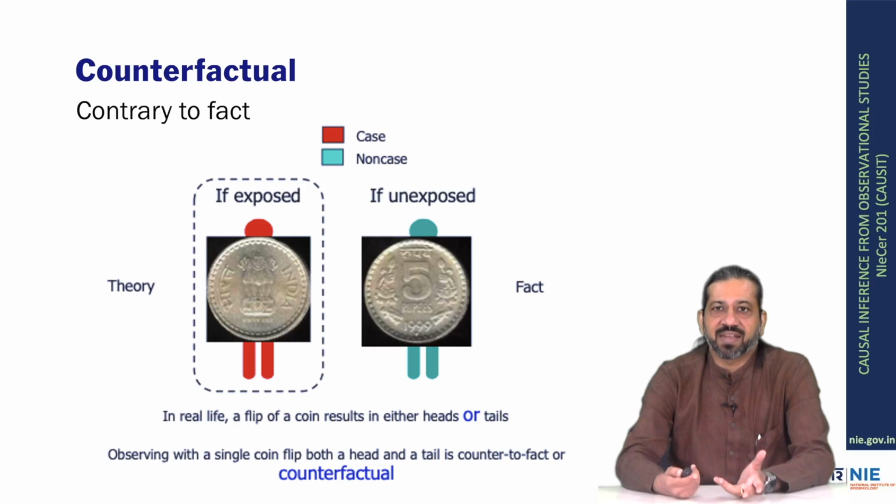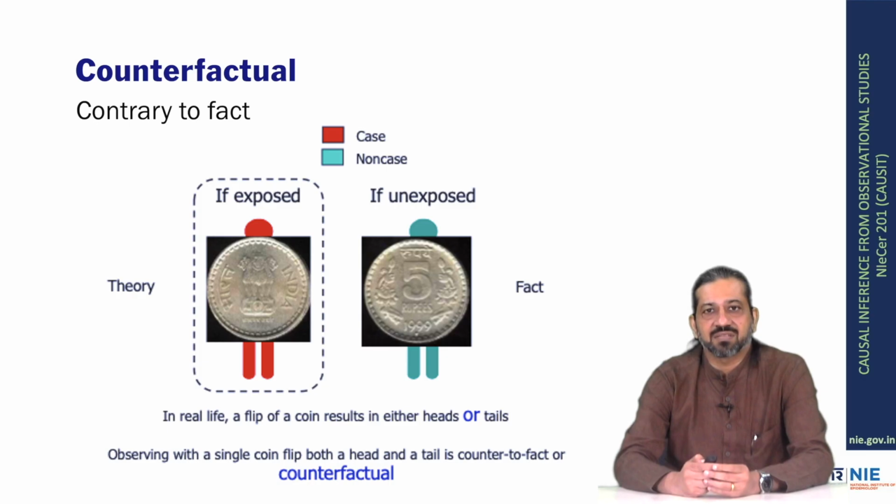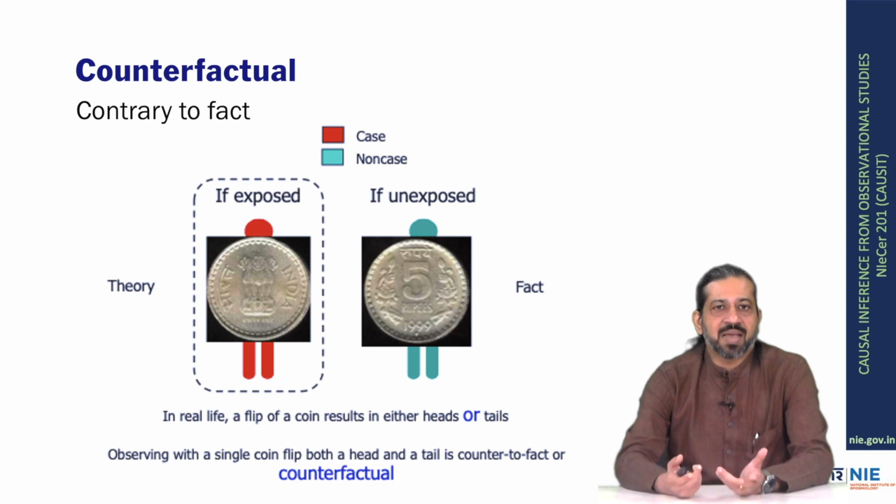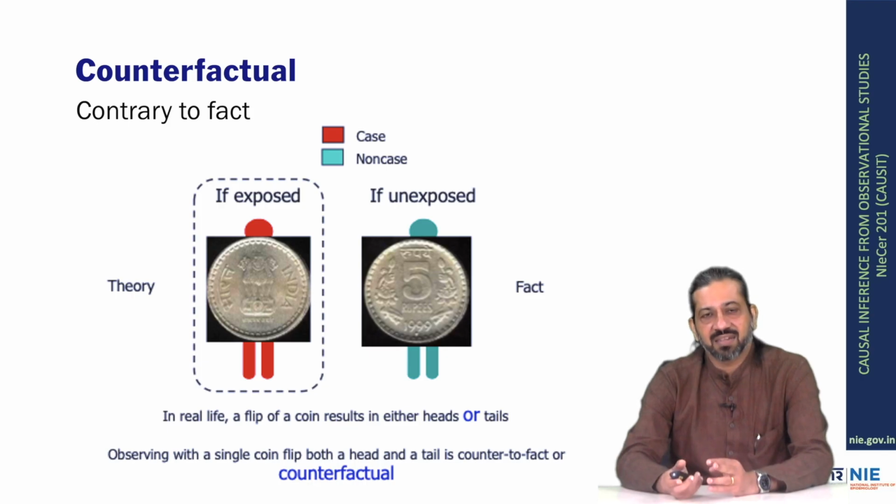What is a counterfactual? The key problem for causal inference is that when we do any studies, or as such in nature, we observe the outcome for only one exposure status. So, for example, going back to the example of smoking and lung cancer, if you observe a population that smokes a certain number of cigarettes for a certain period of time, you can see what the level of the outcome in terms of lung cancer is in that population.